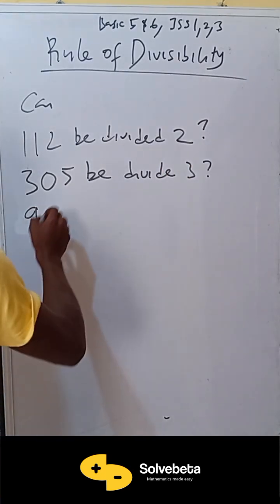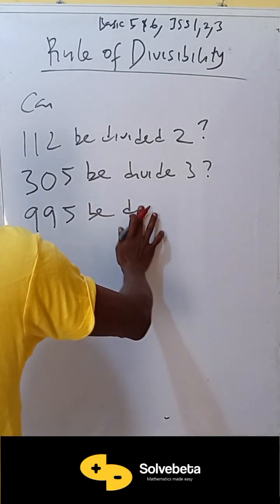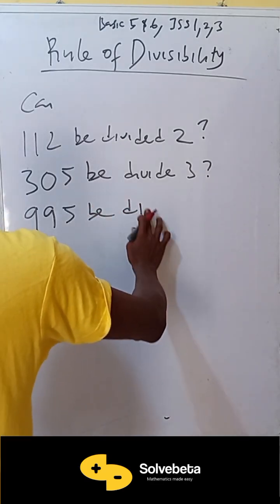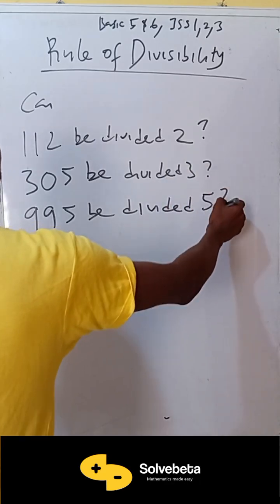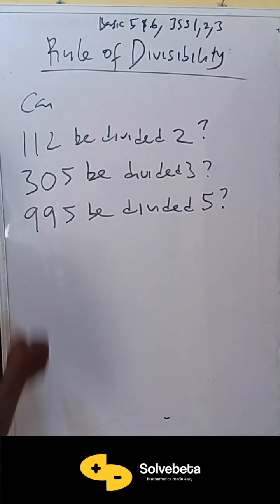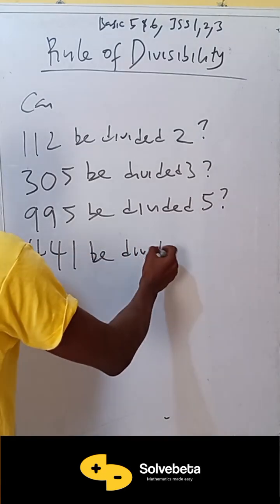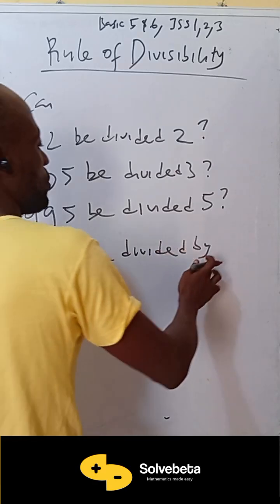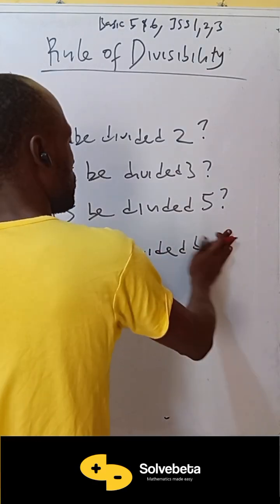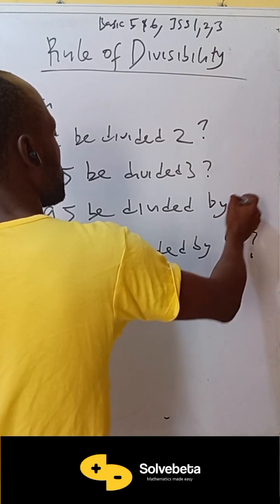Can 995 be divided by 5? Yes or no? Can 441 be divided by 4? Just practice with this.